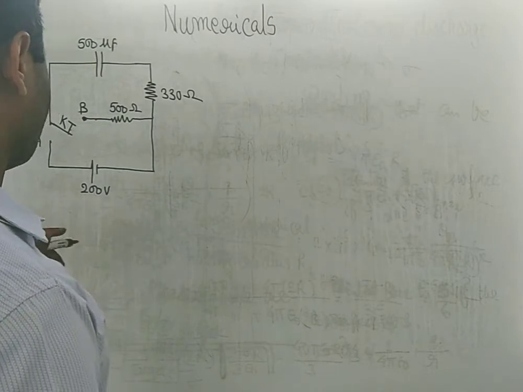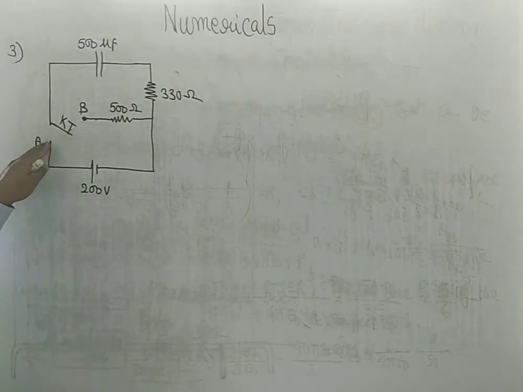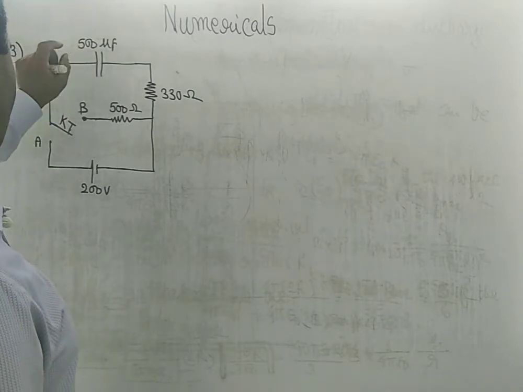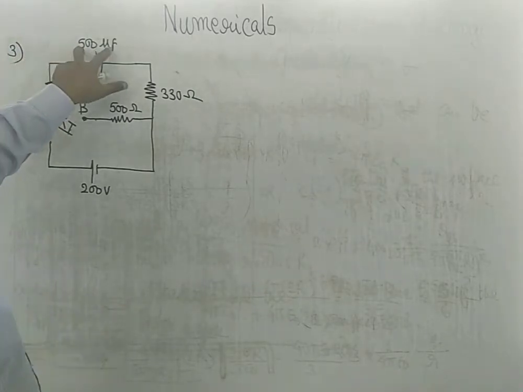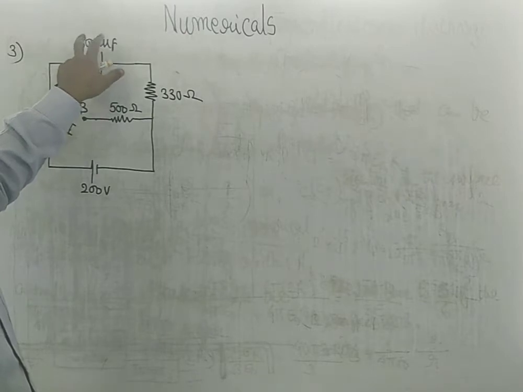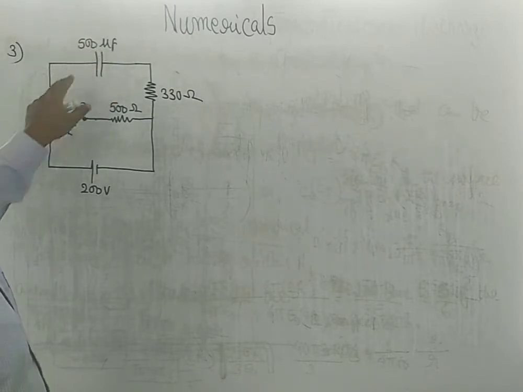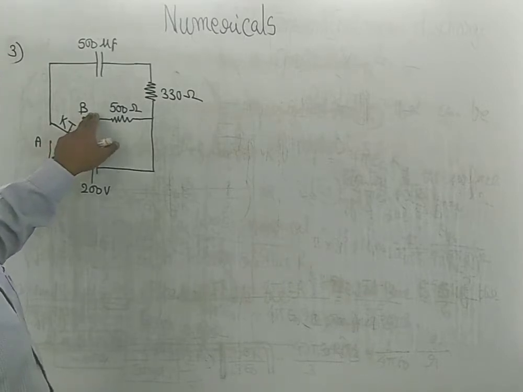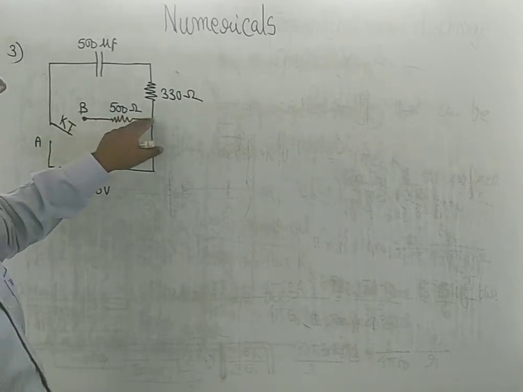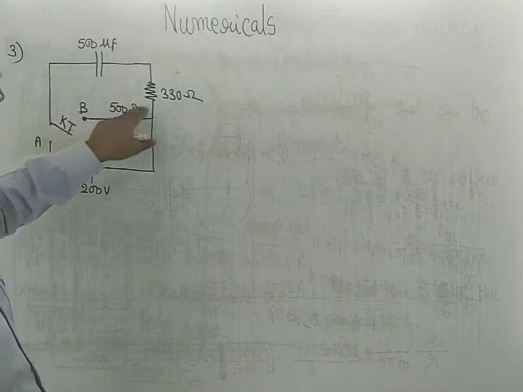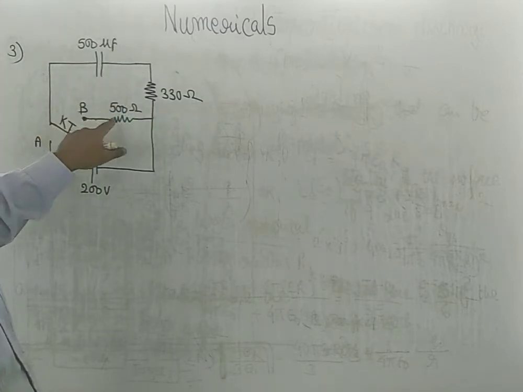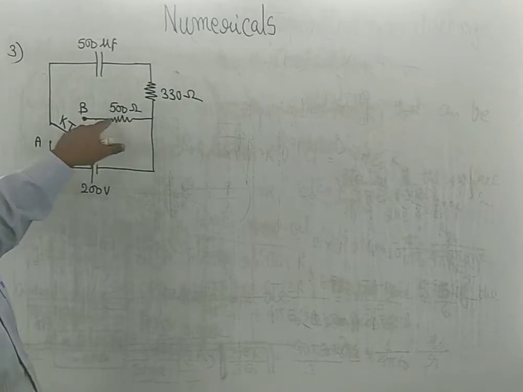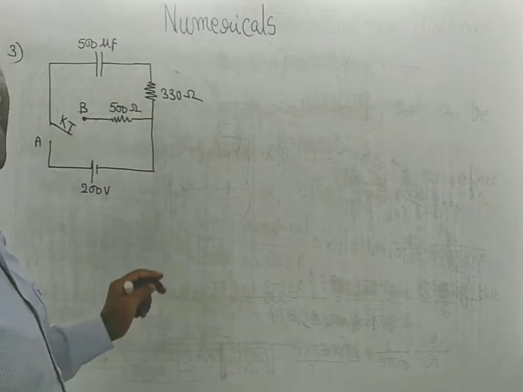So it's quite obvious that when the key is brought in contact with A, the capacitor stores electrostatic energy, and that stored energy will be equals to half CV square. Now connecting this key to terminal B, that energy will be driving the current through this, and the heat energy will be evolved around these resistors.